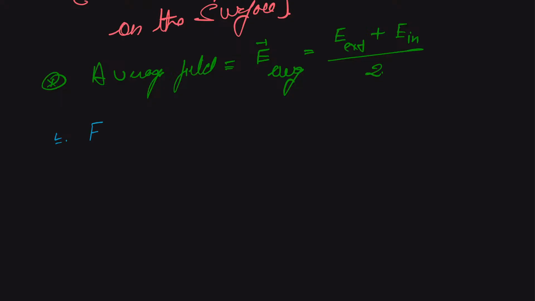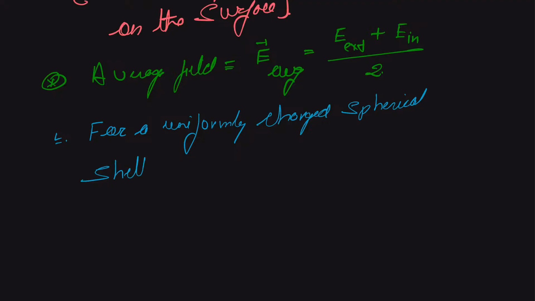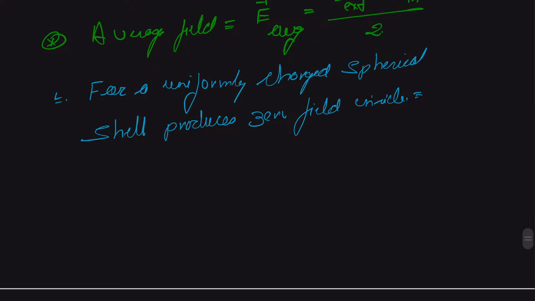A uniformly charged spherical shell produces zero field inside, or we can say that the electric field inside will be equal to 0.